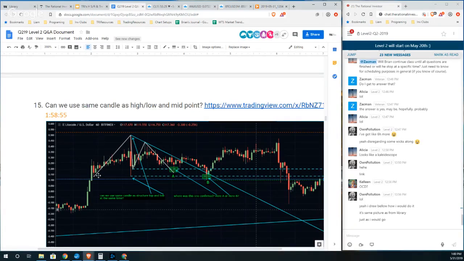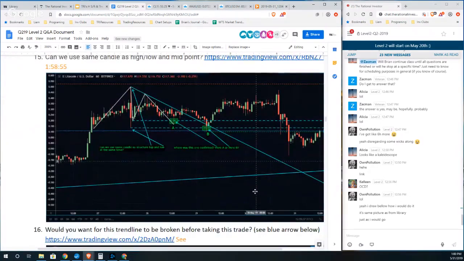I think this is a sideways market, right? You could do like high to low. Yeah, I don't know. I think let's see. We use same candle as structure, top and low. Same time. I mean, yeah.